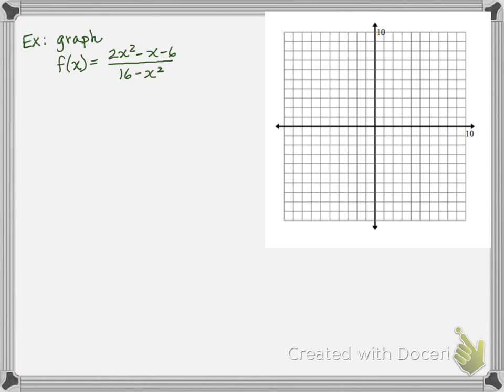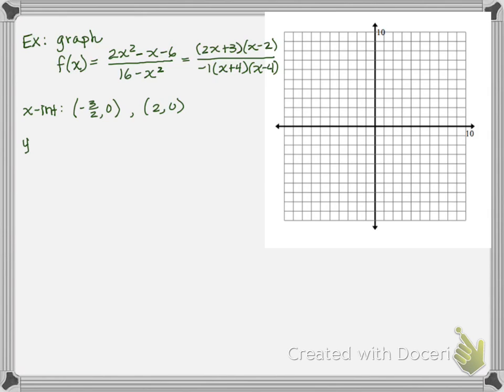In the interest of time, I'm going to do all of the preliminary stuff for you, because that's all stuff you guys did last night on your homework. So -1, x plus 4, x minus 4. So our x-intercepts are -3/2, 0, and 2, 0.